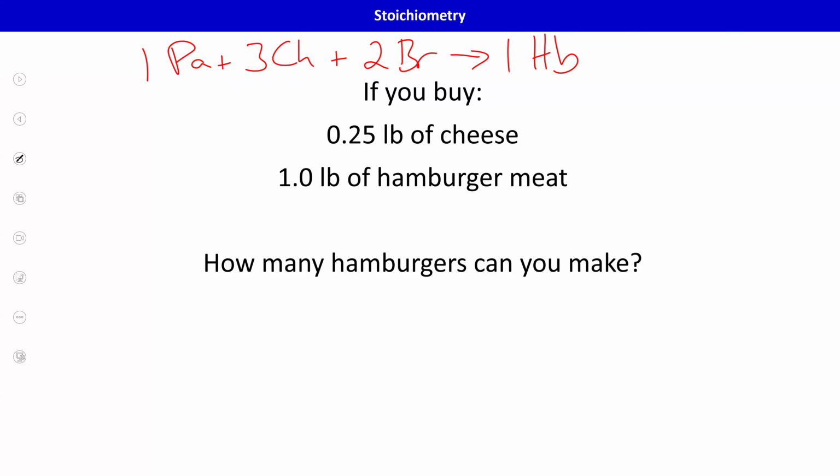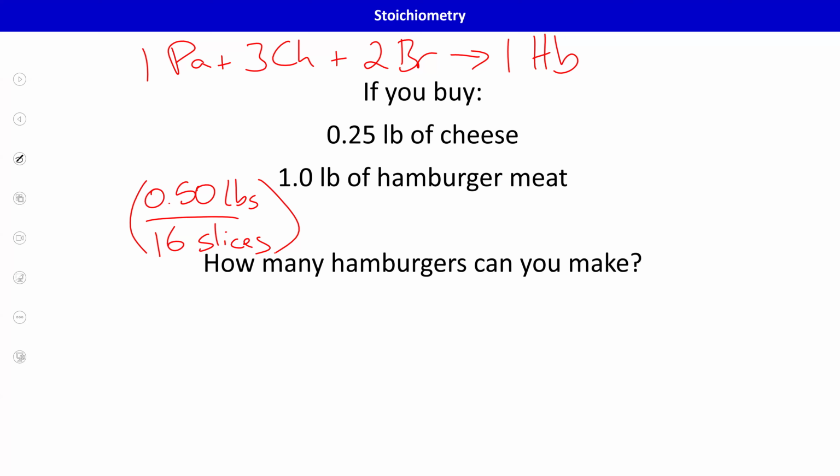So let's say that instead of using an atomic mass of cheese, our conversion will be every 16 slices of cheese is 0.5 pounds. Seems reasonable, I guess.